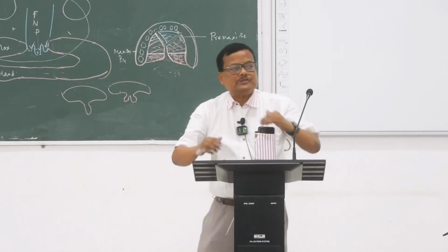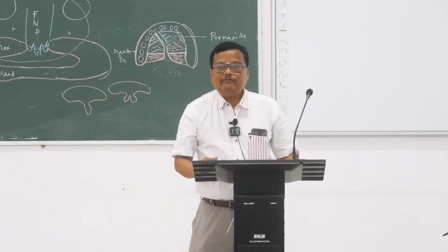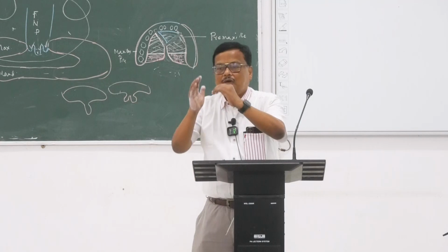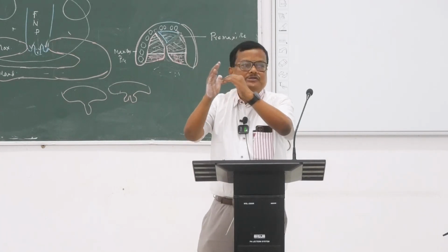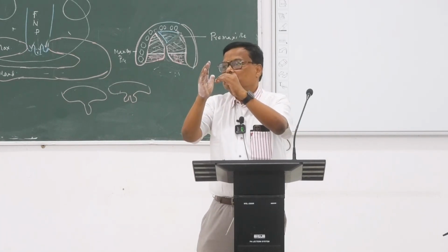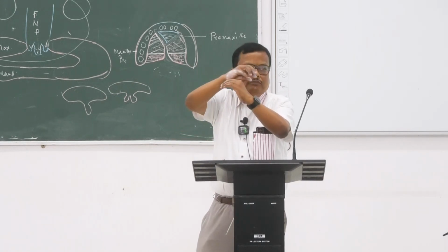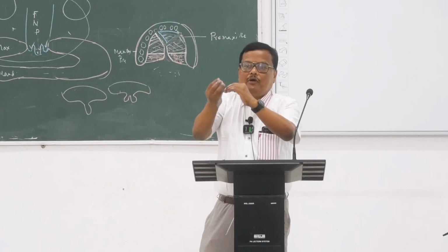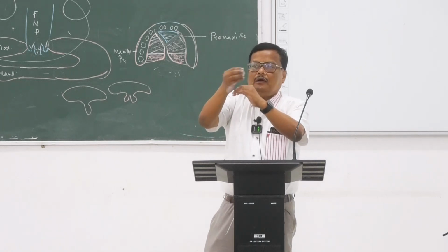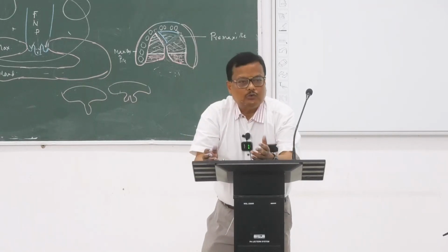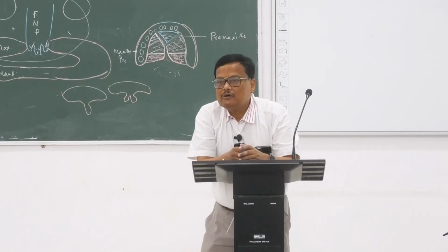So if the muscle is paralyzed, levator veli palatini will be paralyzed, palatopharyngeus will be paralyzed, this nasopharyngeal isthmus cannot be closed. So that when we eat food, food may go to the nasopharynx, and from the nasopharynx it may go to the nose, so that food will come through the nose. Nasal regurgitation of food.